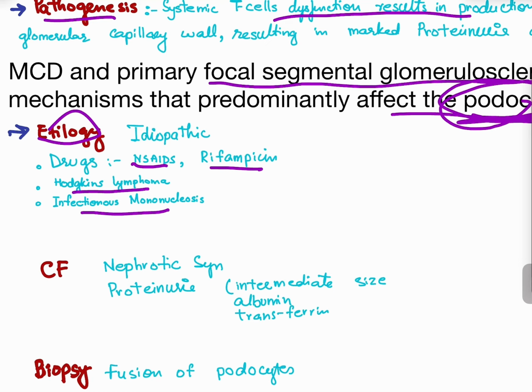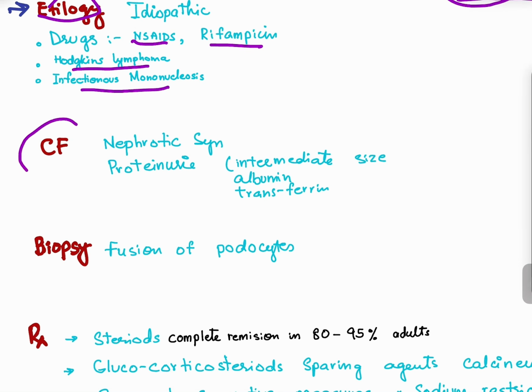Coming towards the clinical features, in most patients, MCD is characterized by a sudden onset over days to weeks of one or two of the signs and symptoms of nephrotic syndrome, often following an upper respiratory tract or systemic infection.